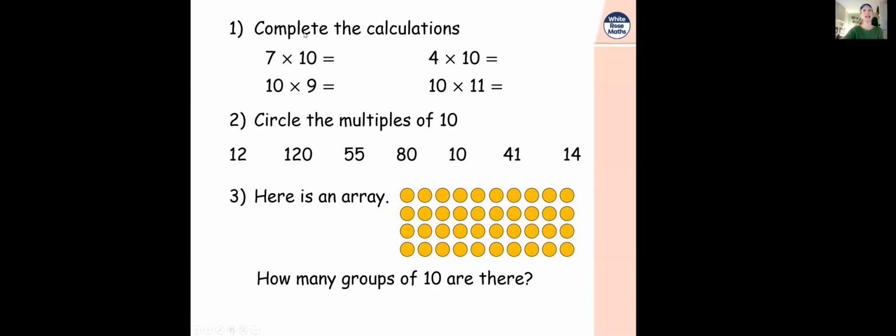It says complete the calculations, and we've got 4 multiplication questions here: 7 times 10, 4 times 10, 10 times 9, and 10 times 11. Think about your 10 times table, how far you need to count on with those. Pause me now while you work it out.